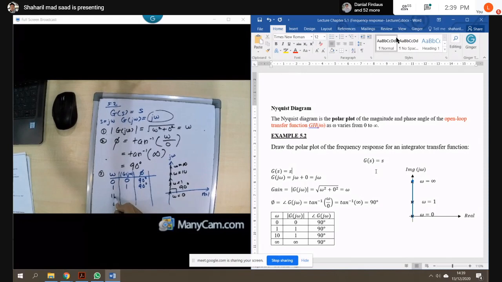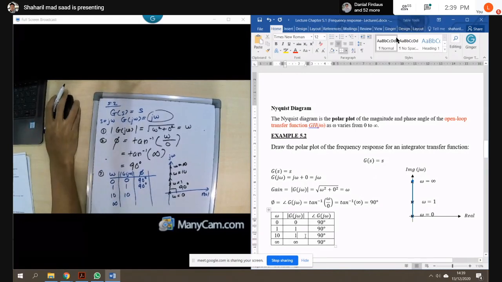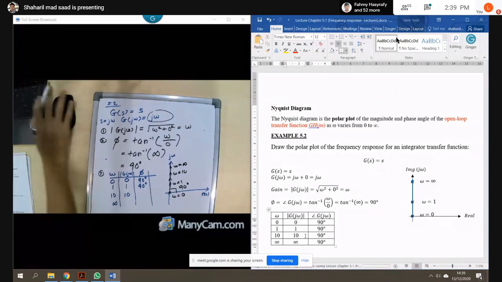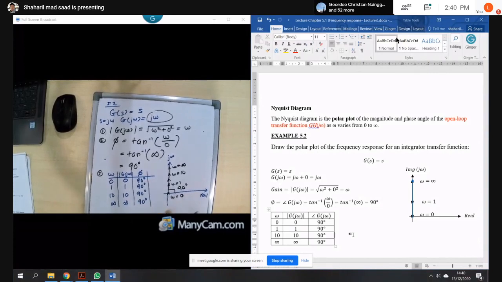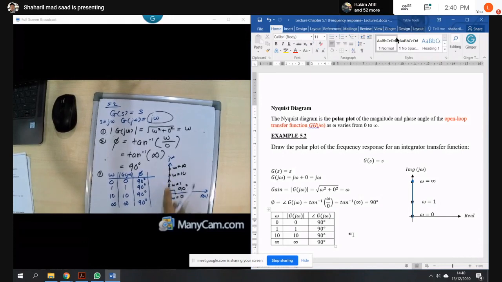For omega equal to 10, the gain is 10, and you get 90 degrees also. For omega equal to infinity, the gain is infinity, and we also get 90 degrees. So when you plot it, you get this kind of point, straight away. This is how you draw your Nyquist diagram.